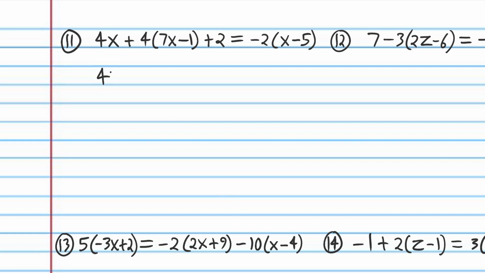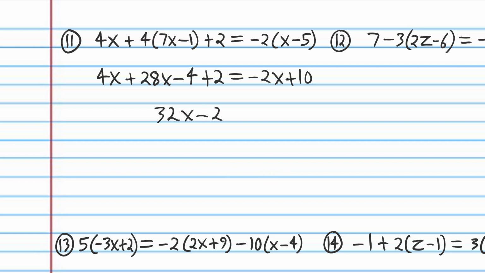All right, we're back. Add the x's together, we get 32x and negative 2. Add these together, you get negative 2.